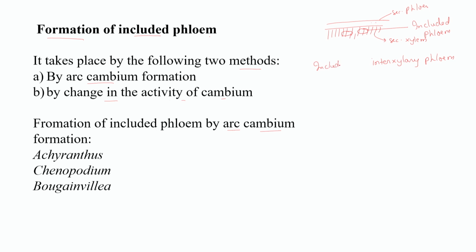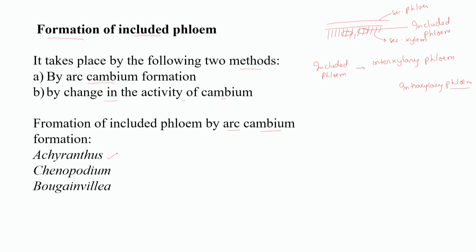So both the terms might come and it could be asked in any way. Although you have one intraxylary phloem also, that means outside xylem, that also we will discuss when we come to that example. So first of all, we will discuss the included phloem by arc cambium method.